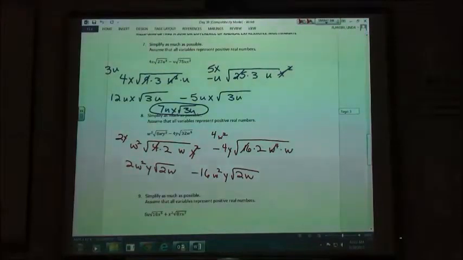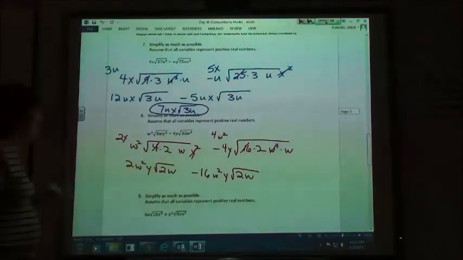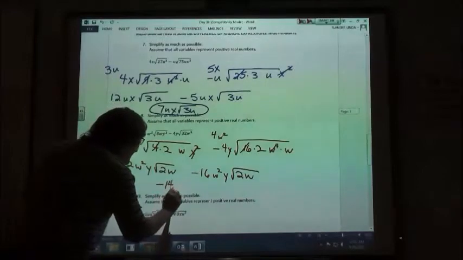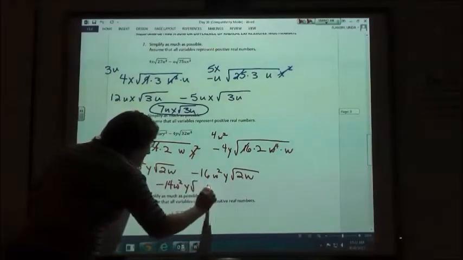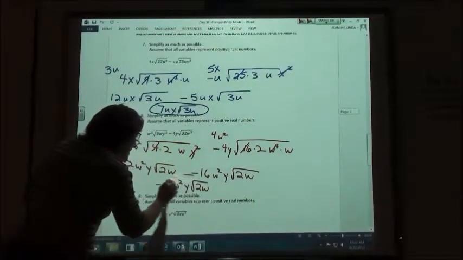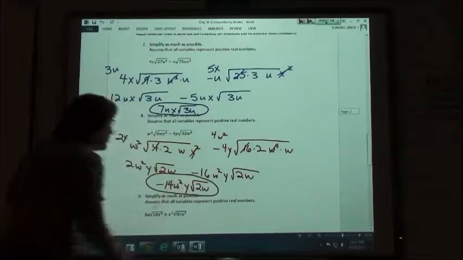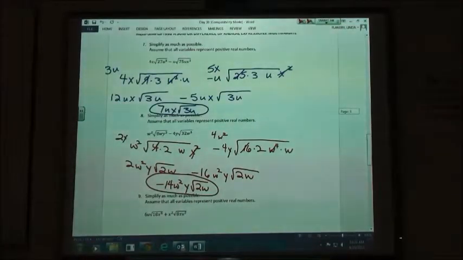So I have 2w squared y square root of 2w minus 16w squared y square root of 2w. My answer then would be, exactly, negative 14w squared y square root of 2w.